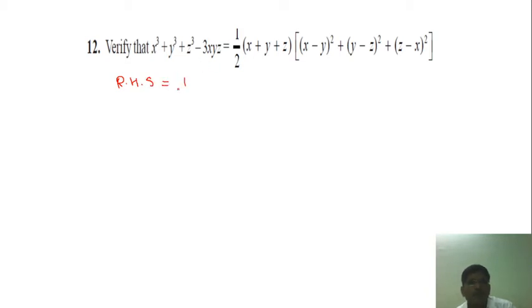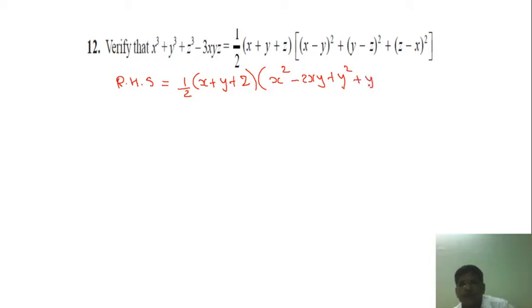So 1 by 2, x plus y plus z. Now here x square minus 2xy plus y square. In the second, y square minus 2yz plus z square.